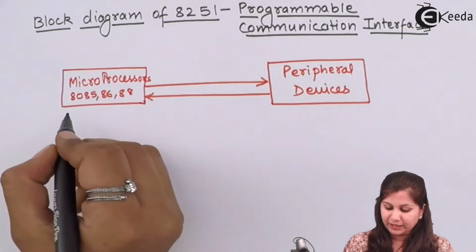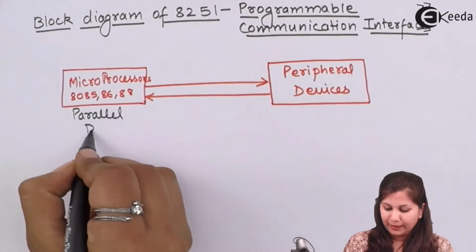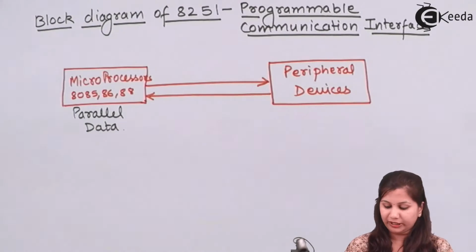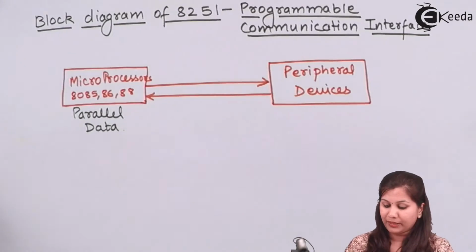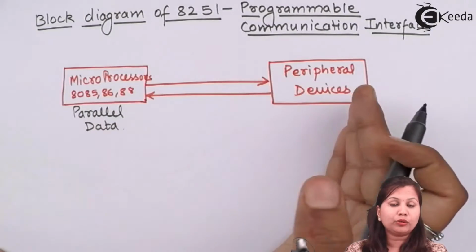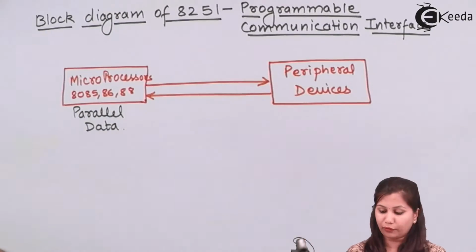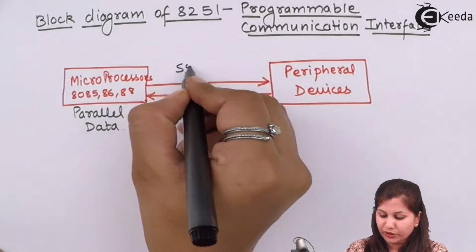Now the microprocessor deals with the parallel form of data. Parallel data means that all the 8 bits of data are available to the microprocessor. Now this parallel data, when we are transmitting to a peripheral device which is located at a very far distance from the microprocessor, is converted into serial form.